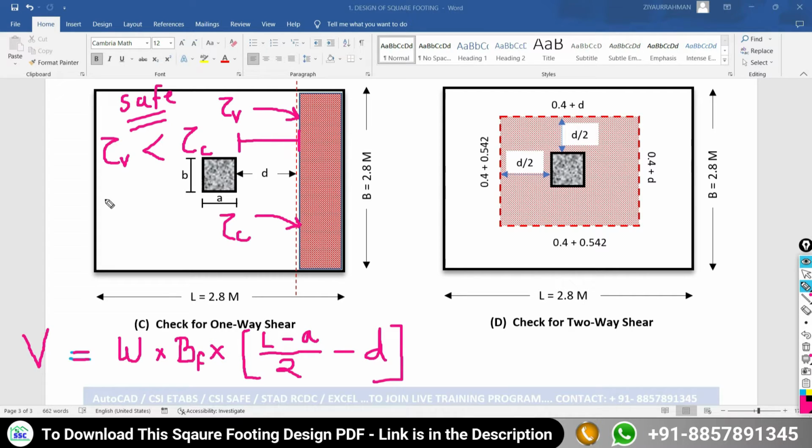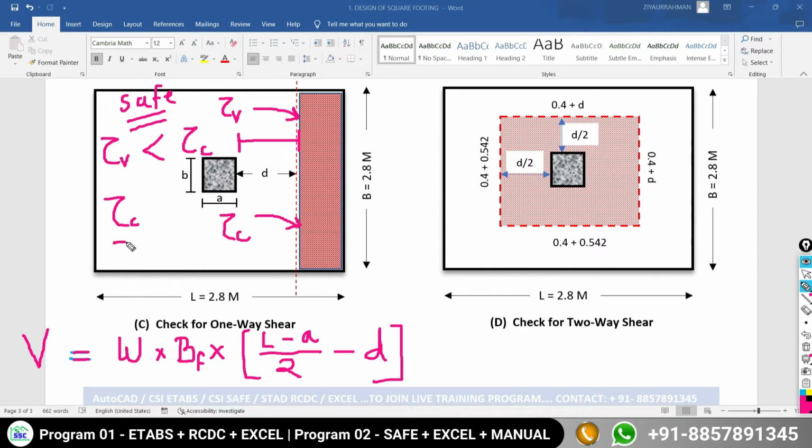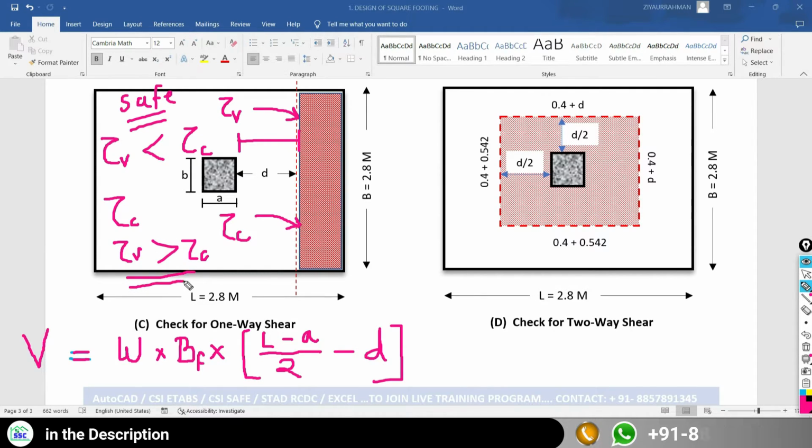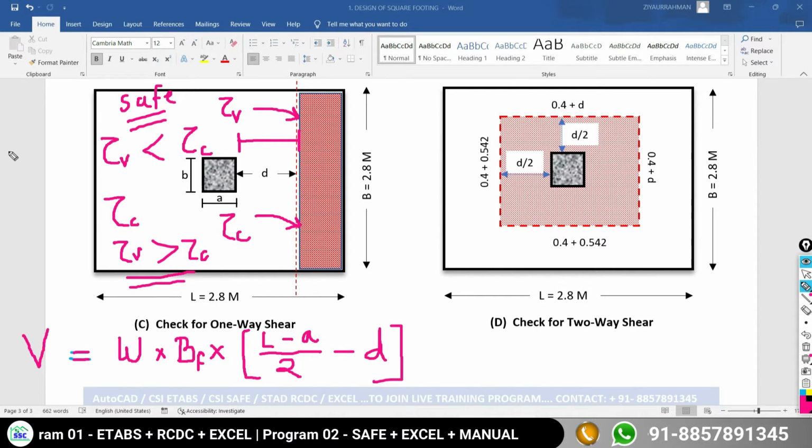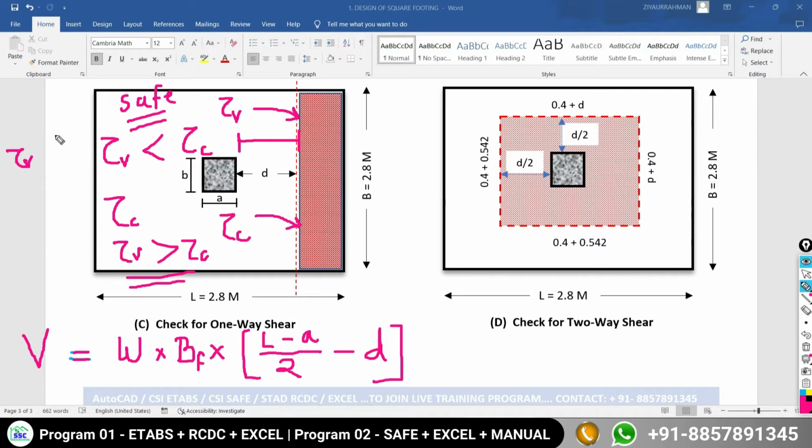But in any situation if your nominal shear is greater than your critical shear, in that situation your provided depth and provided reinforcement will not be safe. You need to revise the design for the depth, you need to revise the design for the reinforcement. So in every safe design, your nominal shear should be less than your critical shear.